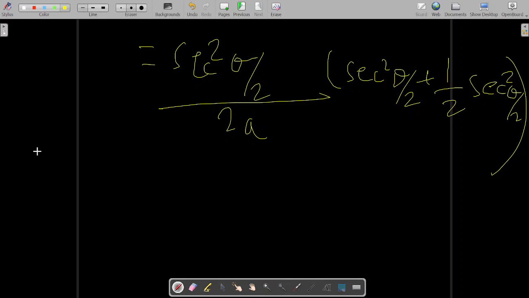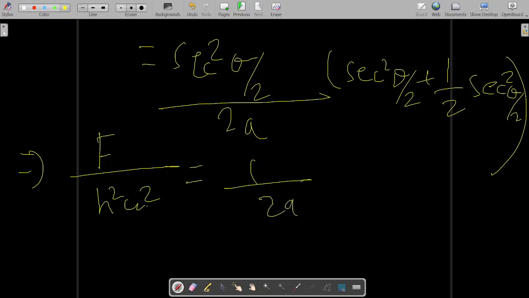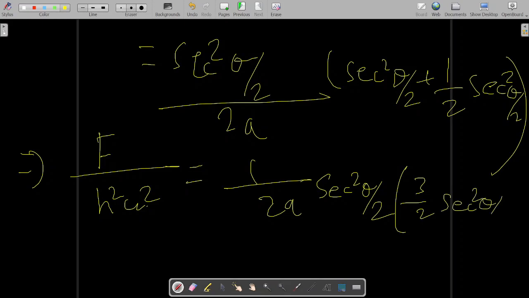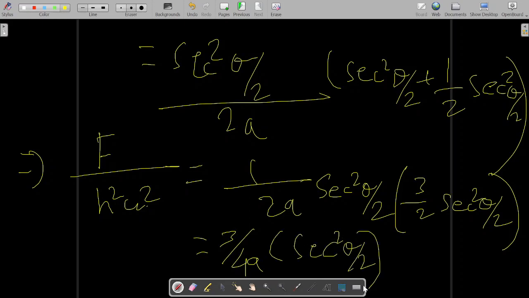So that implies in turn that f by h square u square is equal to 1 over 2a sec square theta by 2 into 3 by 2 sec square theta by 2, which is equal to 3 by 4a sec square theta by 2 whole square, okay.